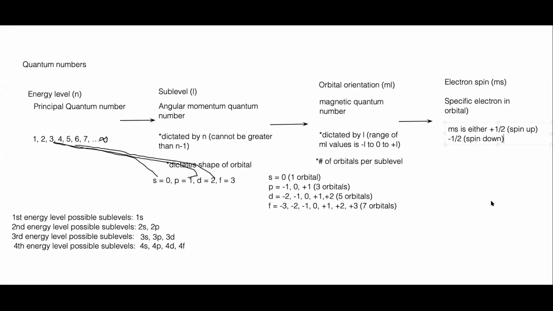Those are the only 2 possible values for this quantum number. They're either spin up or they're spin down. And this ultimately gives us the number of electrons possible per sublevel.